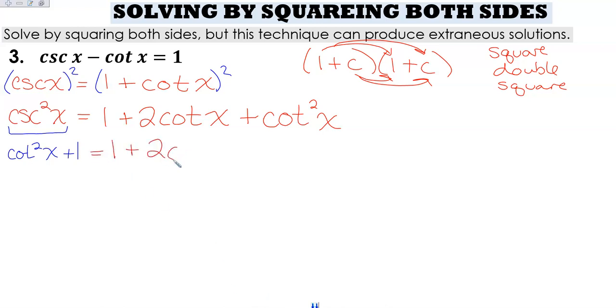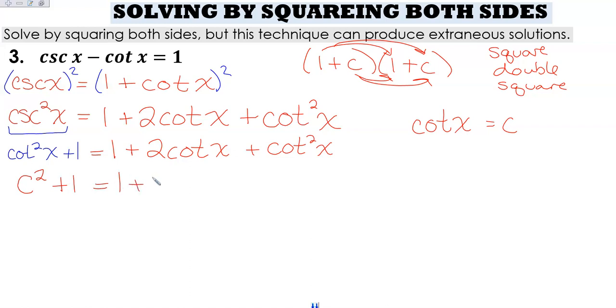And then we're going to leave this the same over here. So now I have everything in one trig function. So again, I'm going to go ahead and make my life easier by saying that I'm going to make cotangent be c. So this is c squared plus 1 equals 1 plus 2c plus c squared.